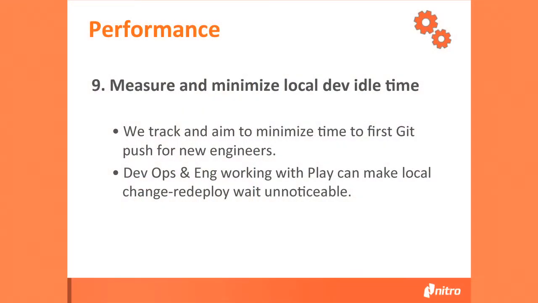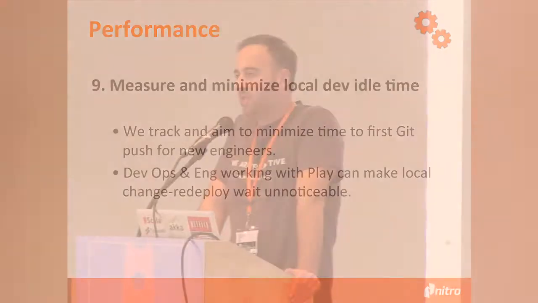Measure and minimize local dev time, or dev idle time, really. What I mean by this is make sure that you track a few things that are really, really important to you when it comes to how performant your engineers, your developers are. At Nitro, we used to, not anymore because it's a bit cruel, have the entire engineering team not go for lunch on the first day until the person was completely set up and was able to push their code to production.